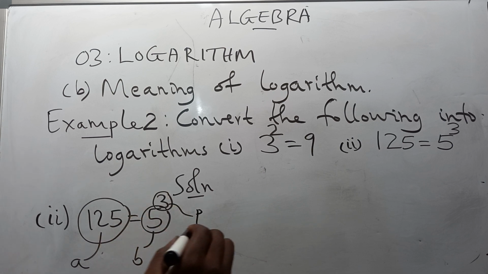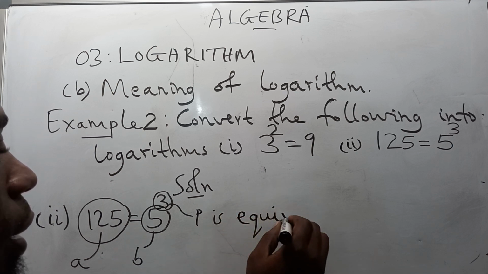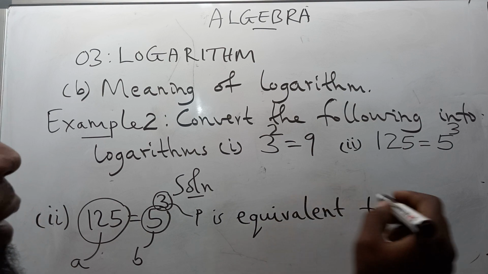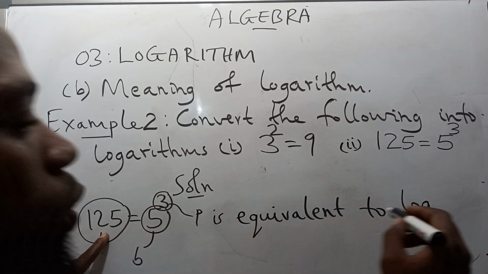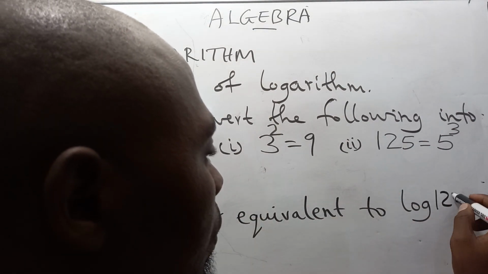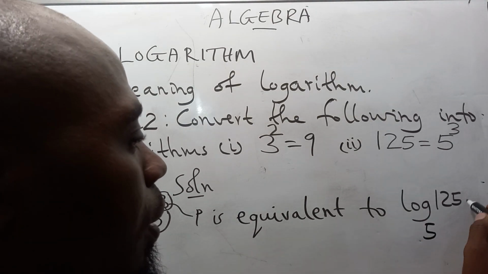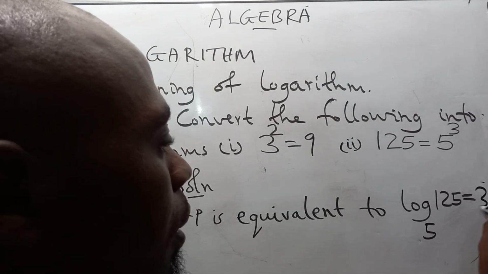So this exponent is equivalent to the logarithm: log of the given number, which is 125, to base 5 is equal to the power, which is 3.